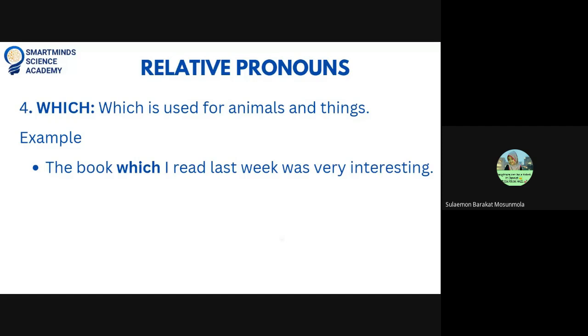What do I mean by restrictive? A relative clause that provides essential information about what you're referring to in that sentence is called a restrictive relative clause.